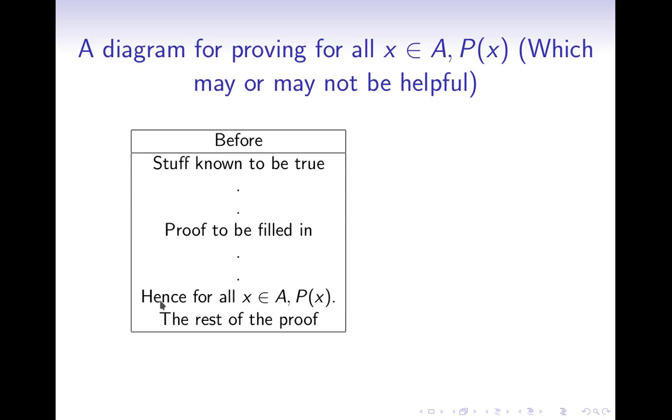So we want to prove, the idea is we would like to prove that for every x in the set capital A, P of x, right, the last line of our proof will be "hence" or "therefore, for all x in A, P of x." And we want to fill in the proof.